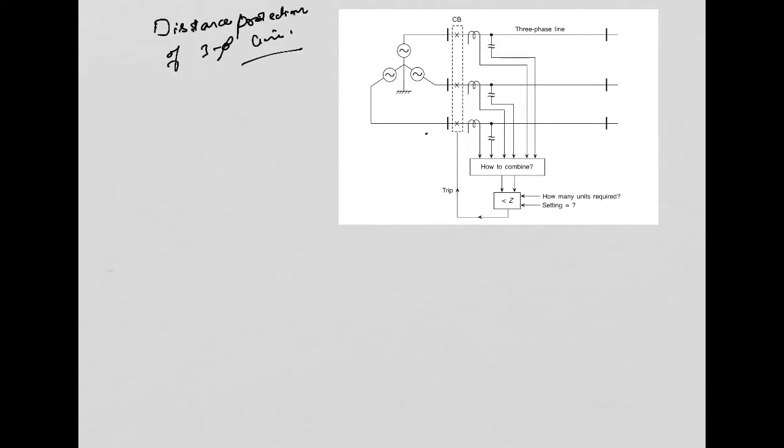If not, how many distance measurement units will be required for catering to all the 10 shunt faults? Then what will be the setting of the distance measuring units, and whether to measure the positive sequence impedance, the negative sequence impedance, or the zero sequence impedance? These are the things we have to take into consideration.